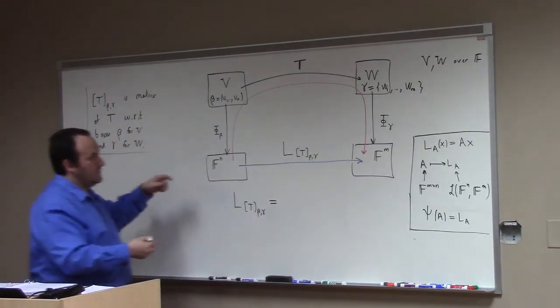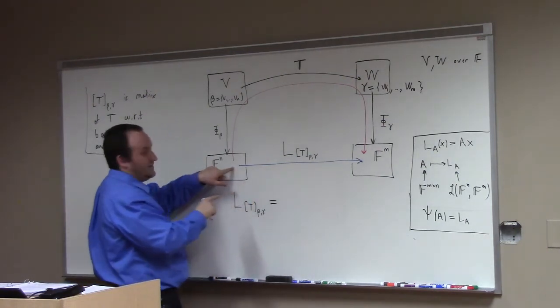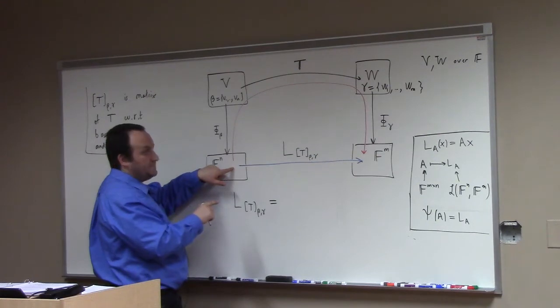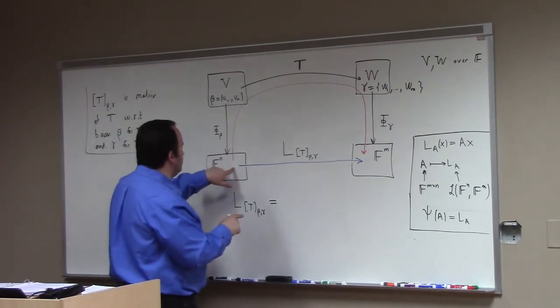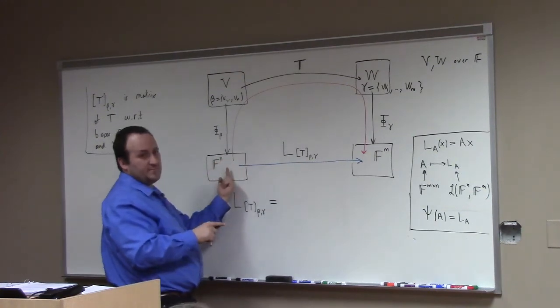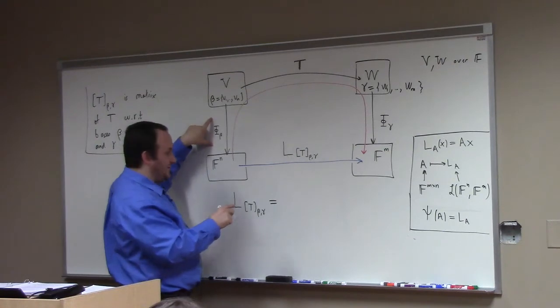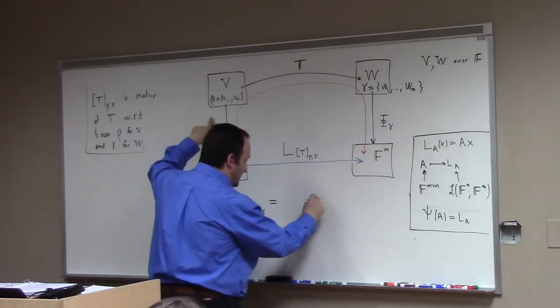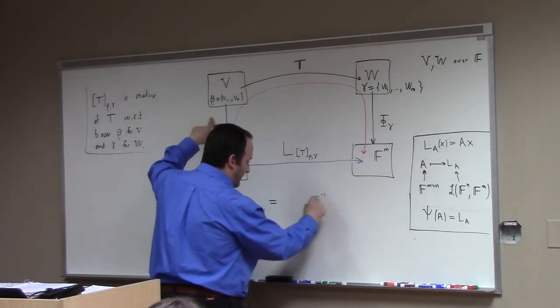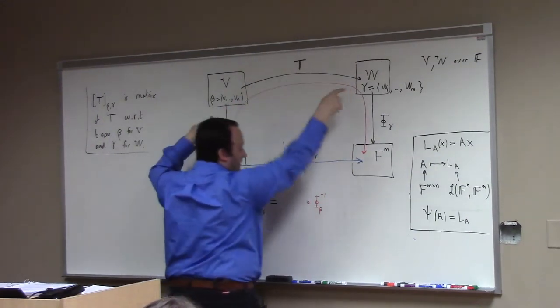Anyway, here it is. Where am I starting? I start with a point here, right? And then I need to go this way, so that's opposite the direction of the coordinate map. So I start with phi beta inverse. And then I take T to go from here over to there.